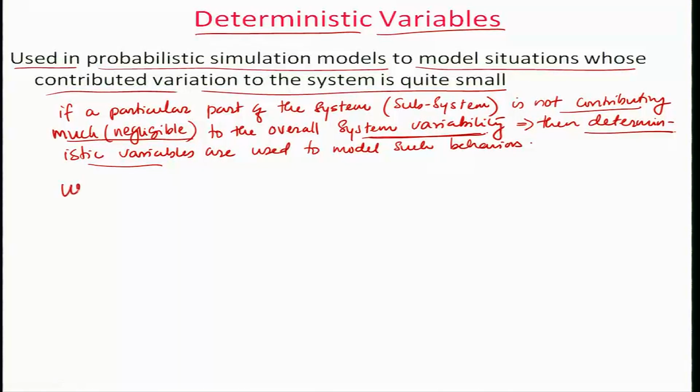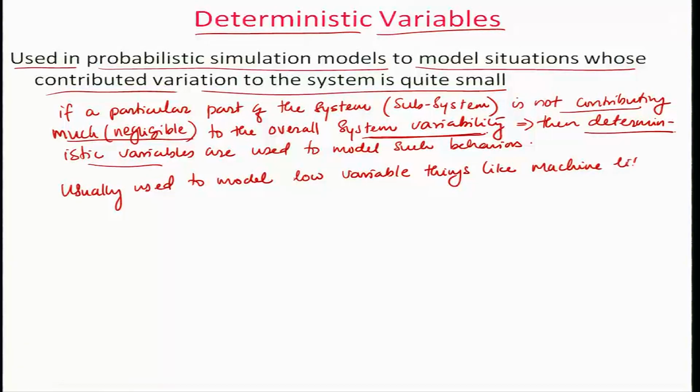So, these are usually used to model low variable things like machine lifetime, okay, scrap rate, etc. These are the things that do not contribute much to the variability.